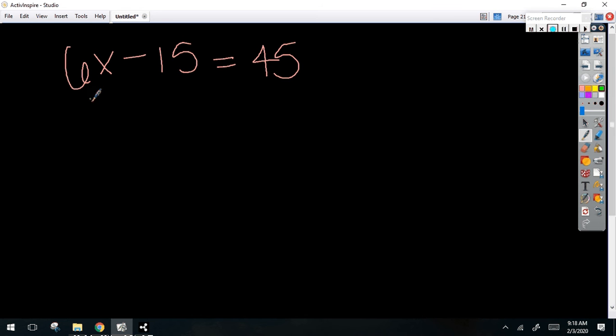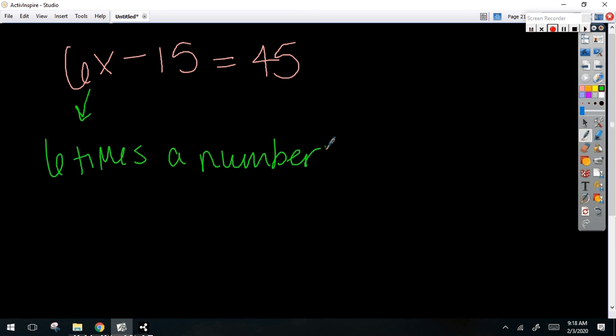I would absolutely do that here. 6 times a number. What's another way that I could write 6 times a number? I'm looking for another word we use for multiplication. Product. Nice try. How might I use the word product in that?